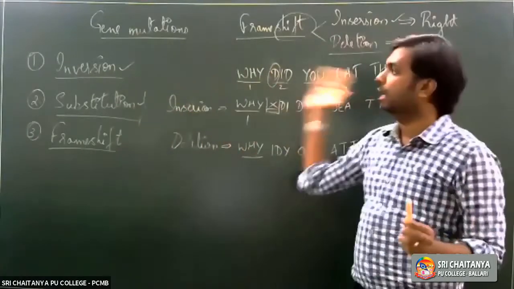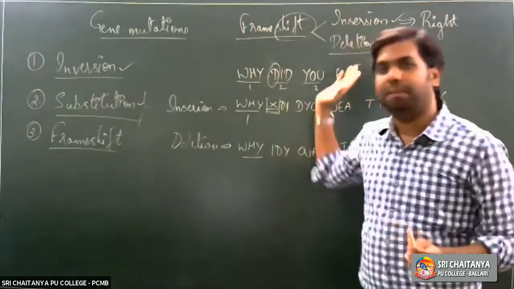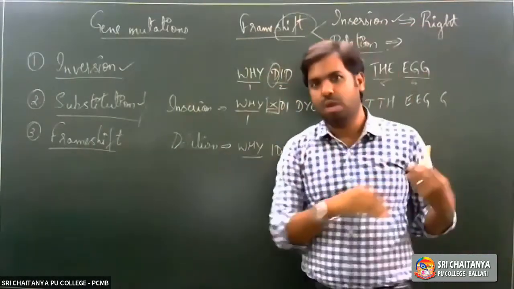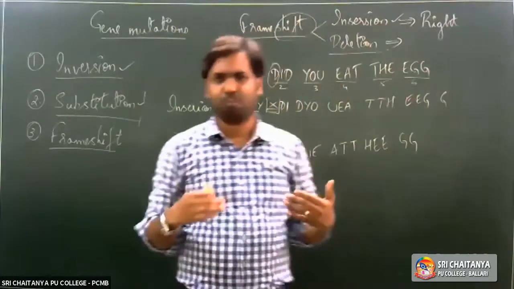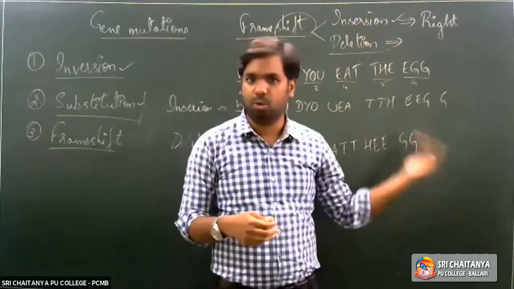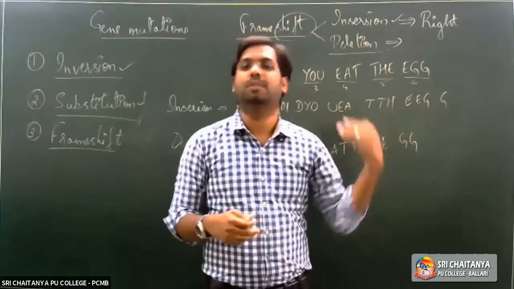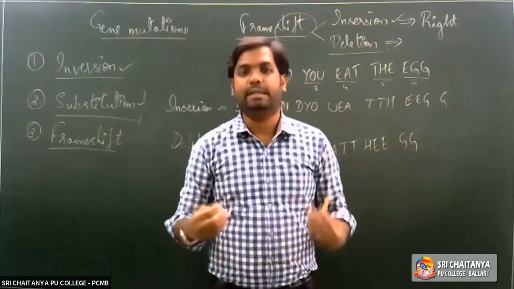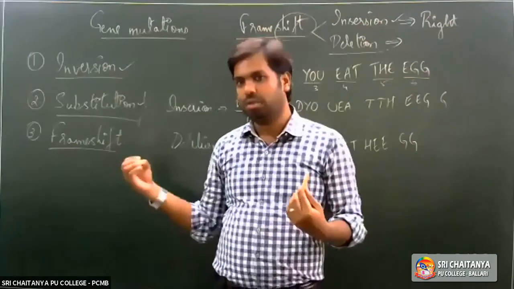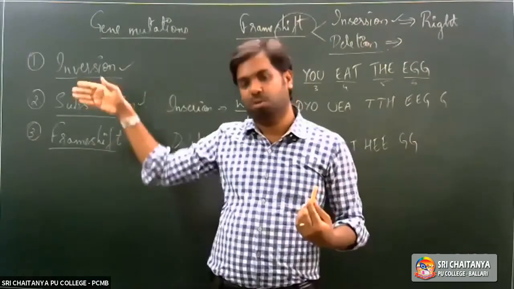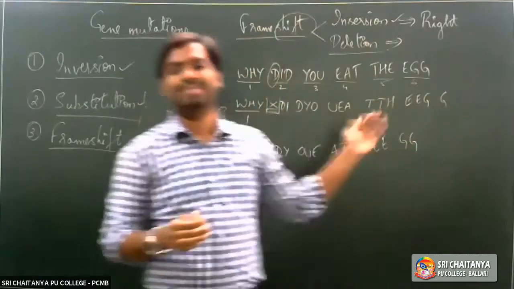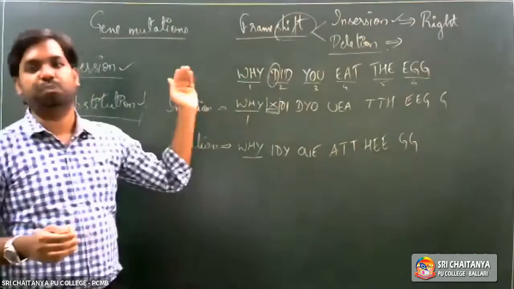In gene mutation, the changes happen in the genes. In later sessions, we'll take up a few disorders pertaining to chromosomal mutation, as well as certain disorders pertaining to gene mutation, and get into the details of each. So this is the major classification with regards to mutation.